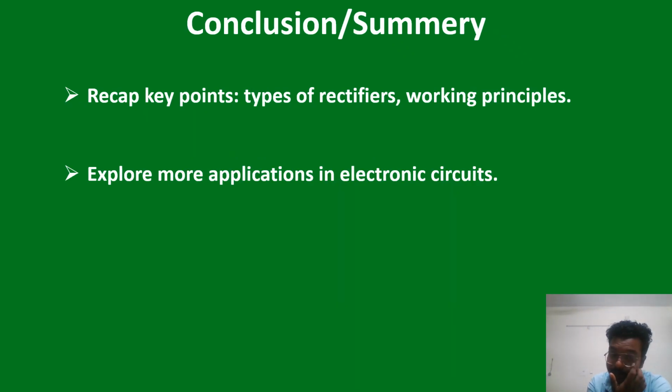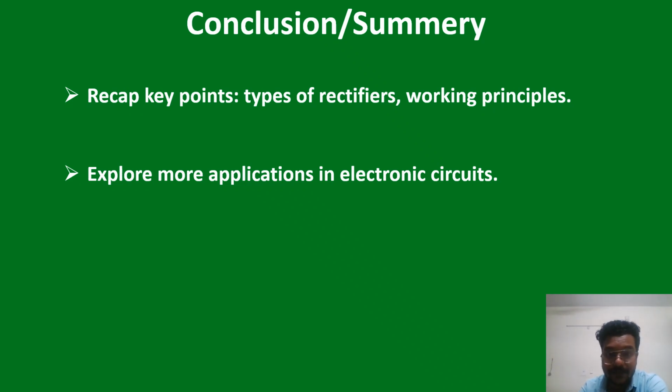Coming to the conclusion of this session, we have understood the rectifier circuit. Two types of rectifier circuit are there: one is the half wave rectifier circuit and the second one is the full wave rectifier. Its working principle we have also seen.